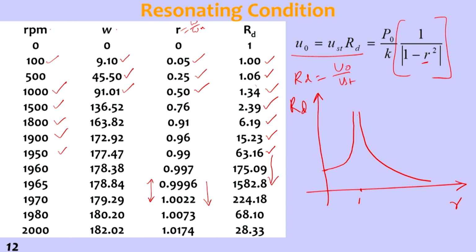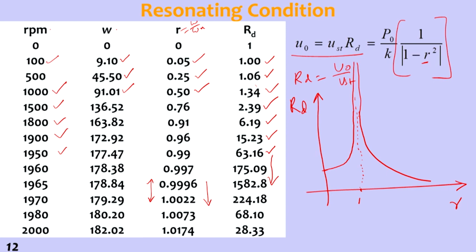So this is the dynamic amplification curve. If R is exactly equal to 1, this value goes to infinity and then comes back. Practically this is not possible.